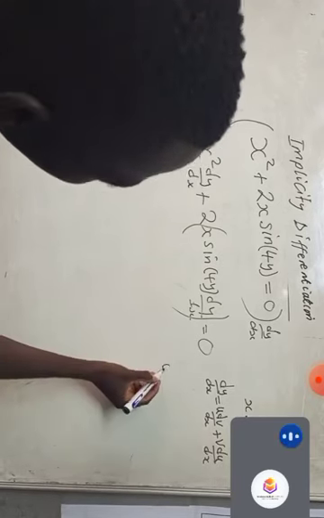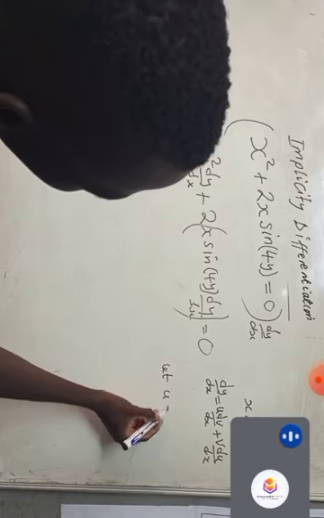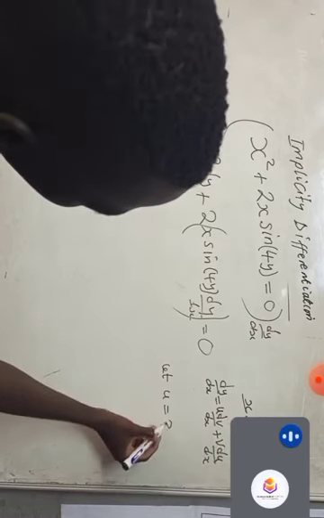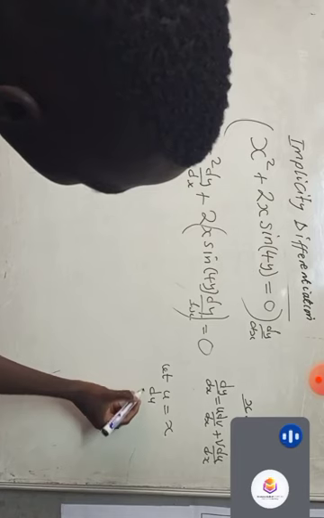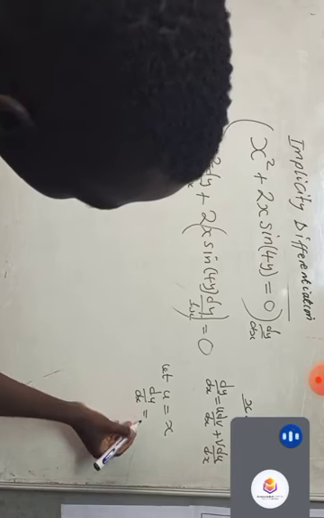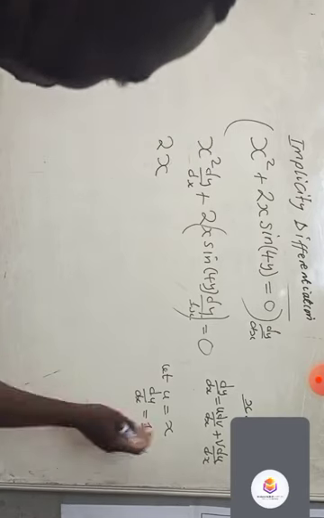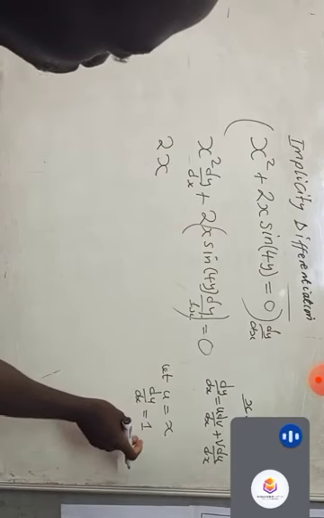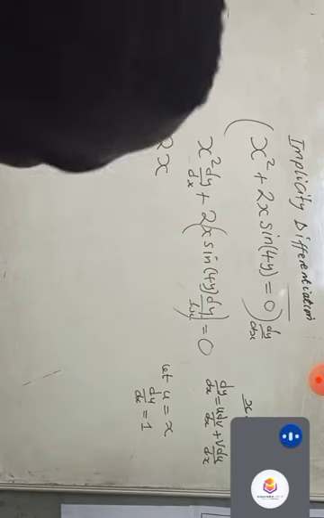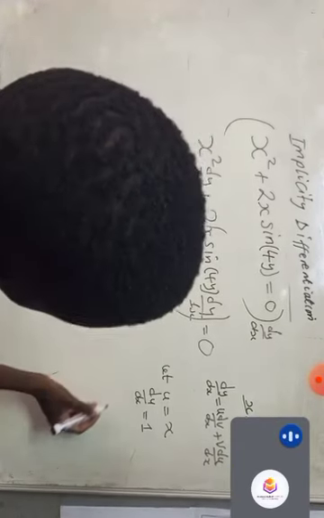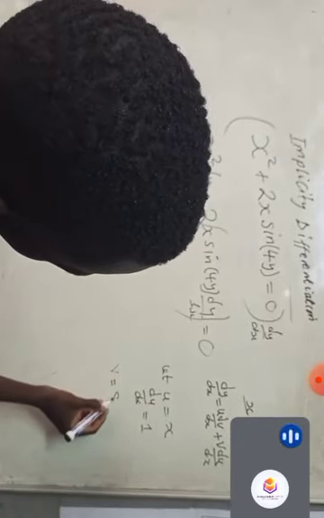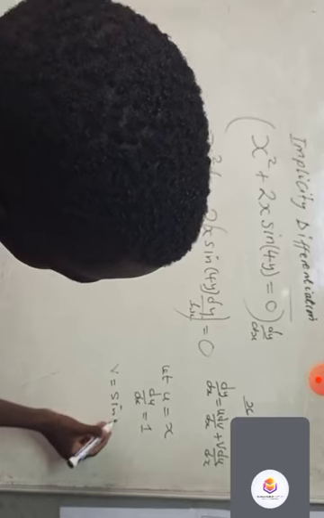Let u equal the first term, which is x. Then du over dx equals 1, since we are differentiating x, we are not going to include the dy/dx. Then our v equals sine 4y.